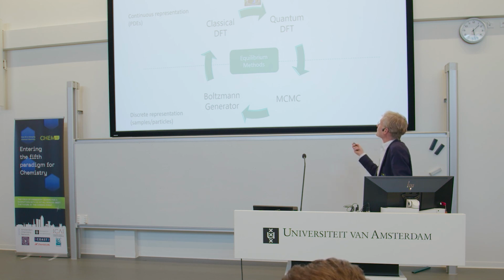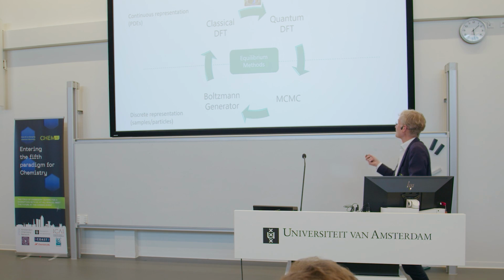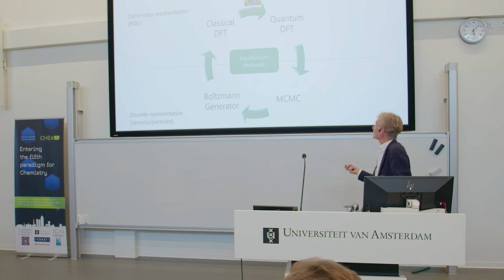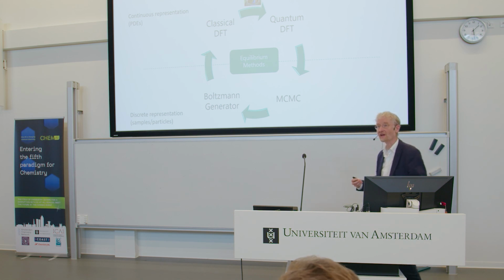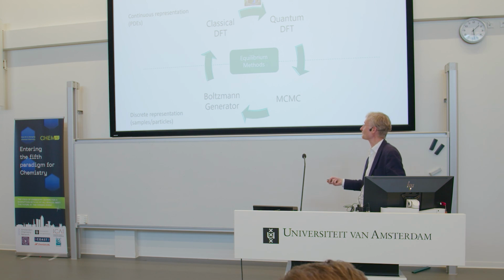So the top line is continuous methods, and the bottom line is discrete methods. And as we go through this, we go up in scale. So when we go to MCMC methods, MCMC methods can be accelerated with machine learning tools. Then we go to Boltzmann generators, where you don't sequentially generate samples, but you generate them at once from the equilibrium distribution. Beautiful work by Frank Noé and collaborators.